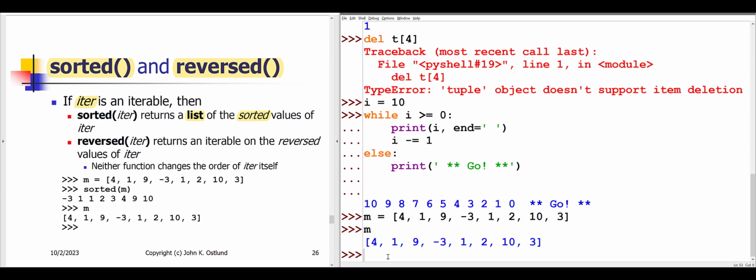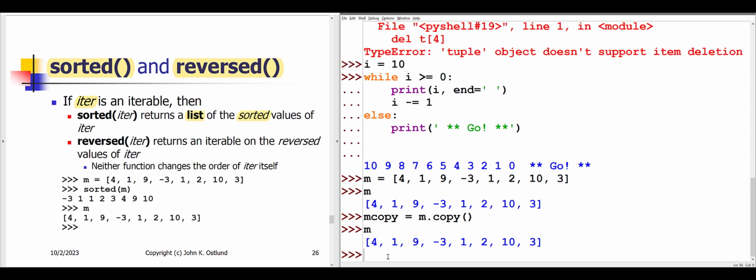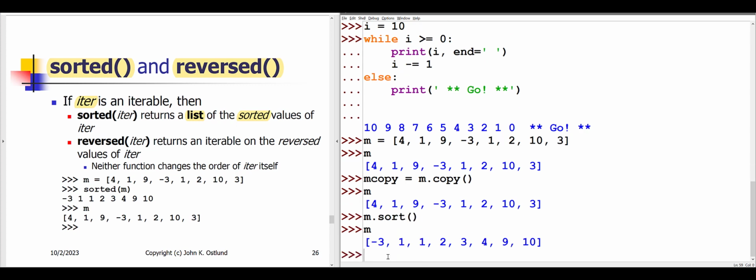Let me make a copy of that. M copy is m.copy. We know that a list is directly sortable. I can say m.sort, and by default, I get those values in ascending, or very technically non-descending order.